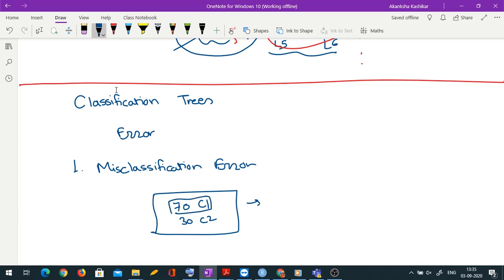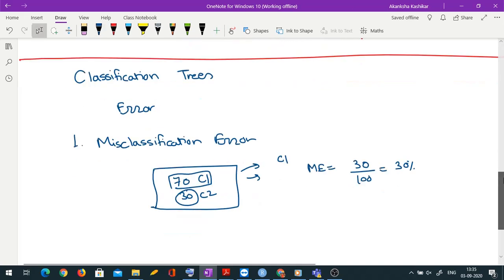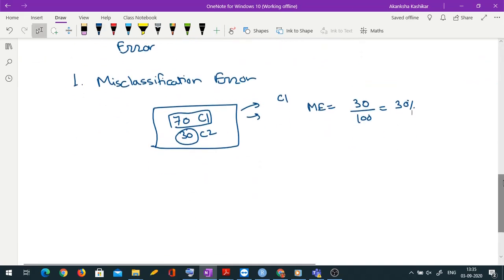Because the majority is from class 1, I would say okay, assign all these observations to class 1. So these 30 are misclassified. So the misclassification error would be 30 upon 100, that is 30% or 0.3. Okay. So this is for the binary setup. What if I have more than 2 classes?